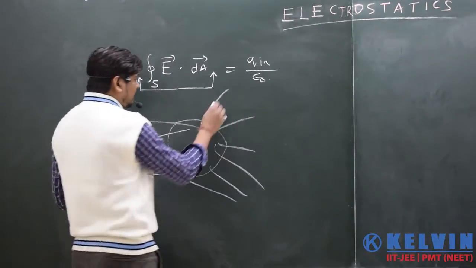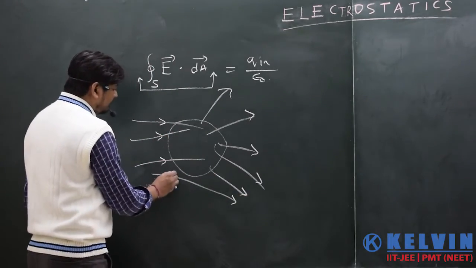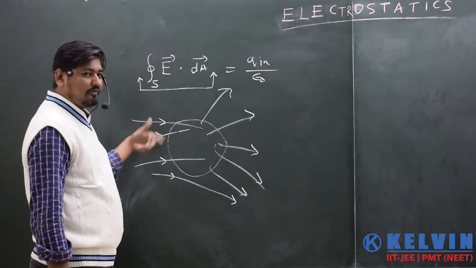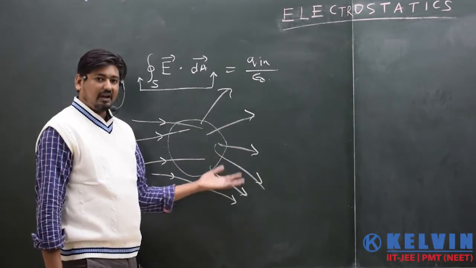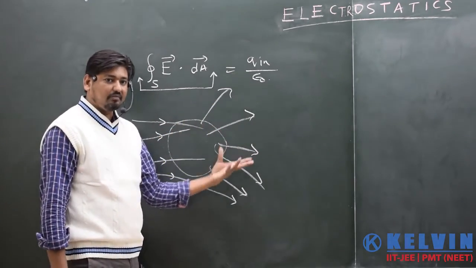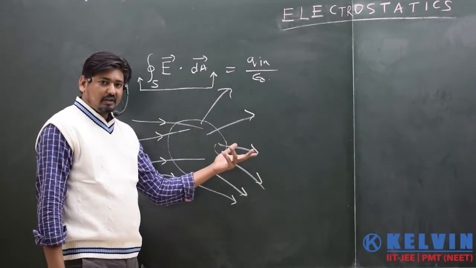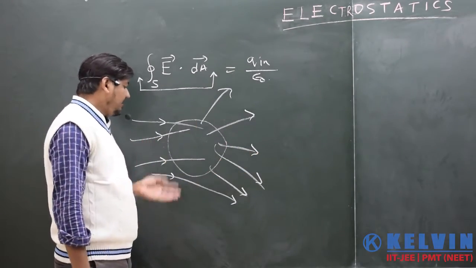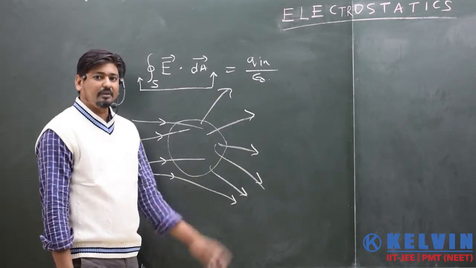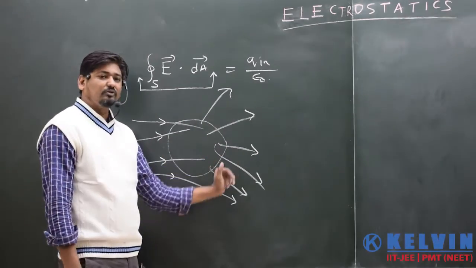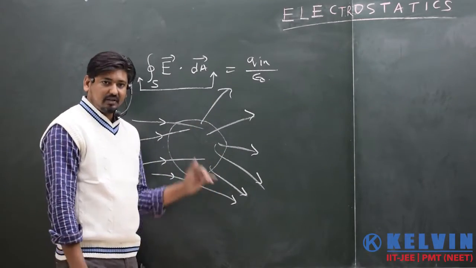Clearly you can see from this figure, only 3 lines are moving inside and 1, 2, 3, 4, 5 and so on lines are coming outside from the closed surface. So the number of field lines coming outside is greater than the number going inside. So obviously the net number of lines will be positive and the flux associated with this situation will be a positive flux, right?